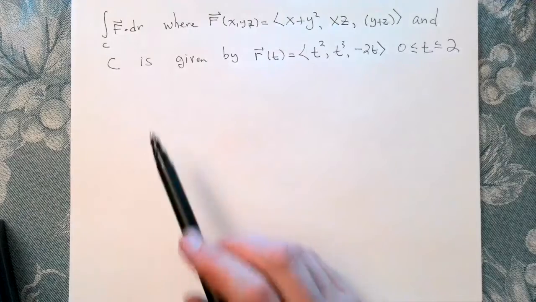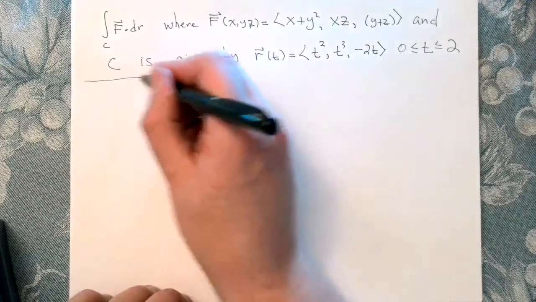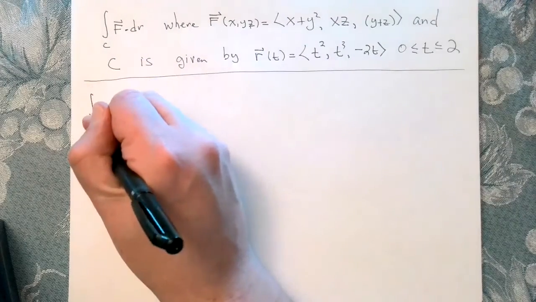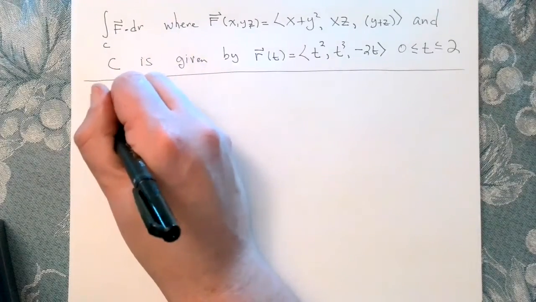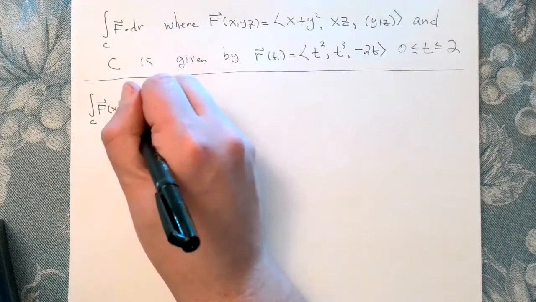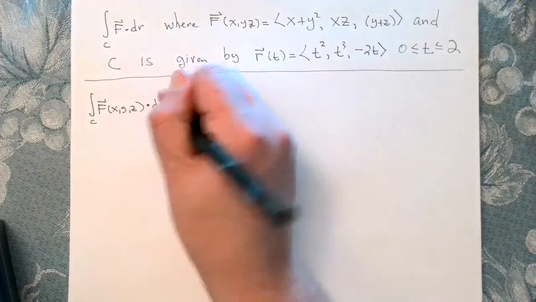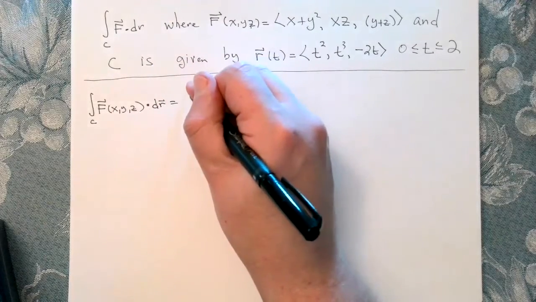So the first thing we want to do is make sense of this and write it in a computable form. So what's the right way to think about this? The line integral over C of f dot dr. Well, what do we really mean by f dot dr? It's the force field, or the vector field, dot dr. But to make this computable, we want to introduce some parameter t.